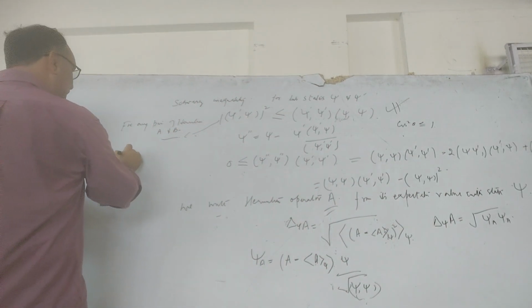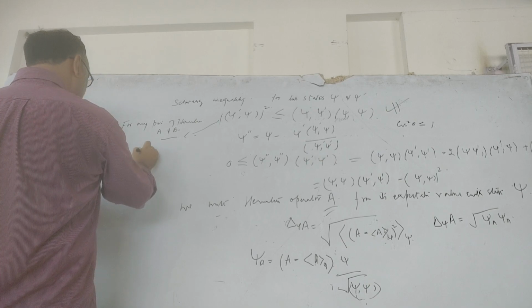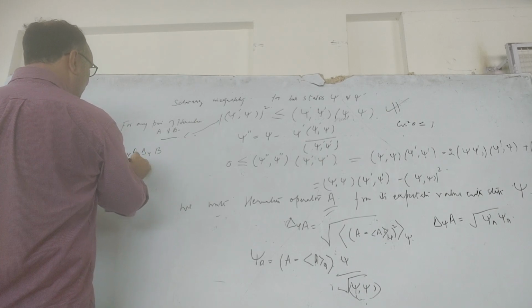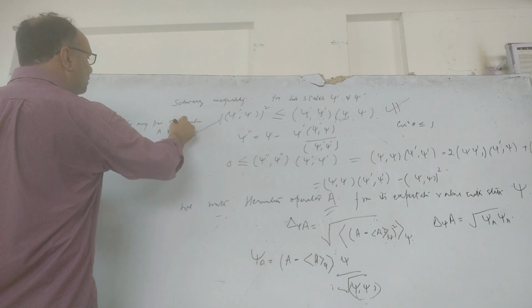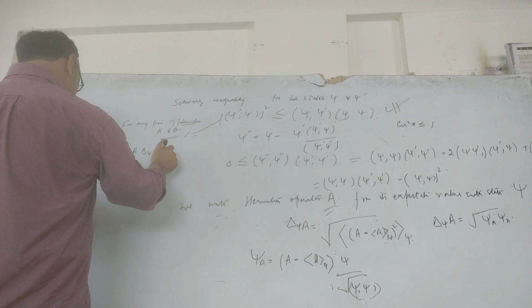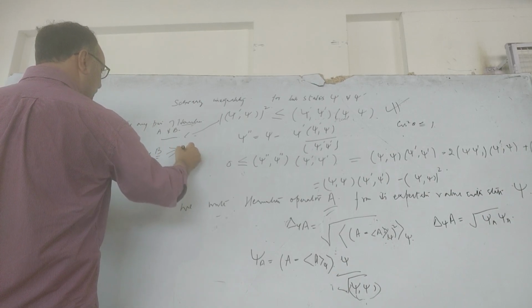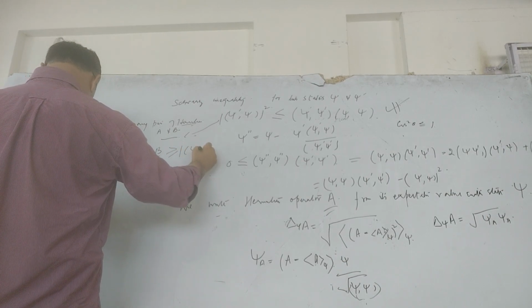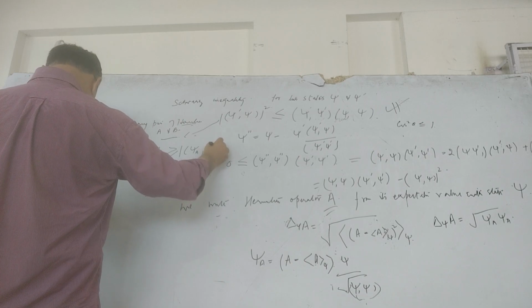So delta psi A, delta psi B, for any pair of Hermitian operators A and B, will be greater than or equal to the inner product of psi A and psi B.